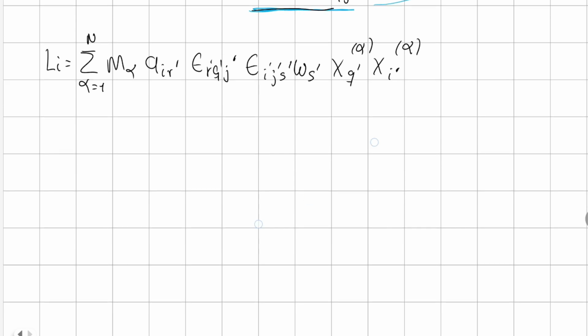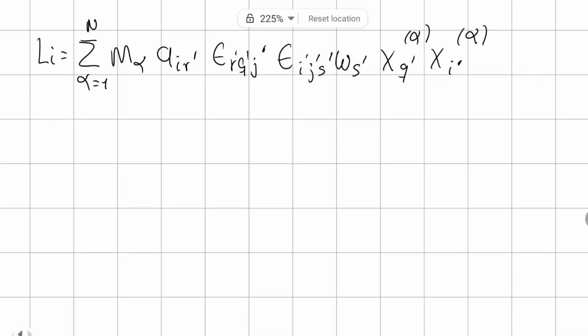Another famous formula that I didn't mention at the beginning is that a product of Levi-Civita symbols can be expressed as a sum of products of Kronecker deltas.